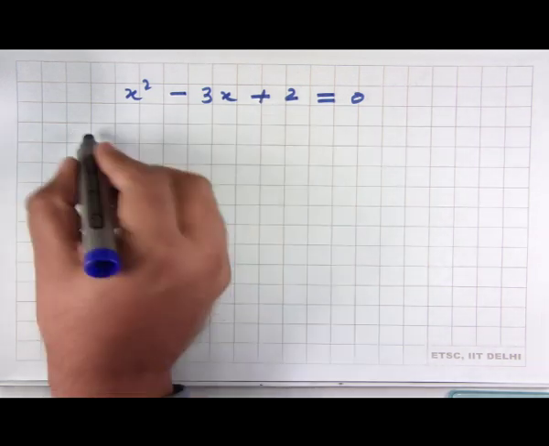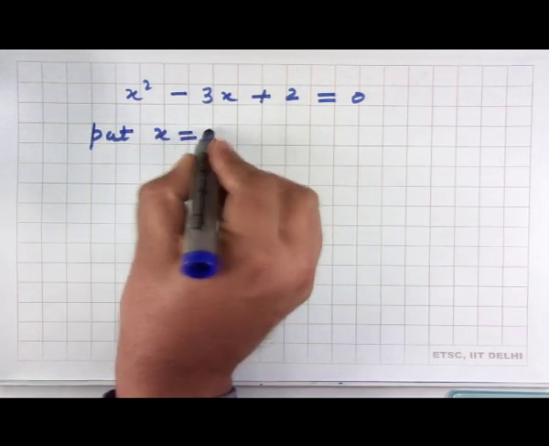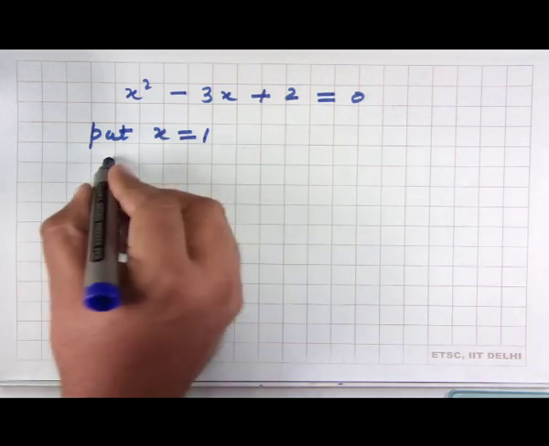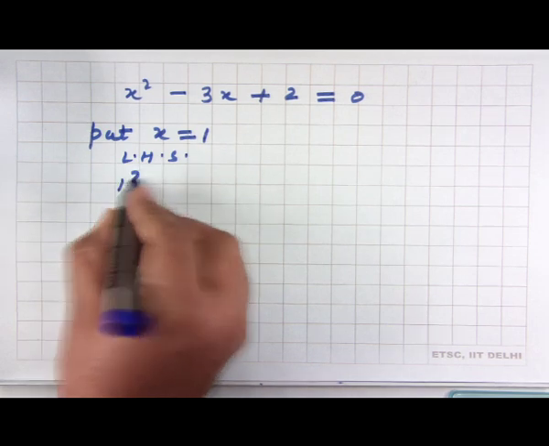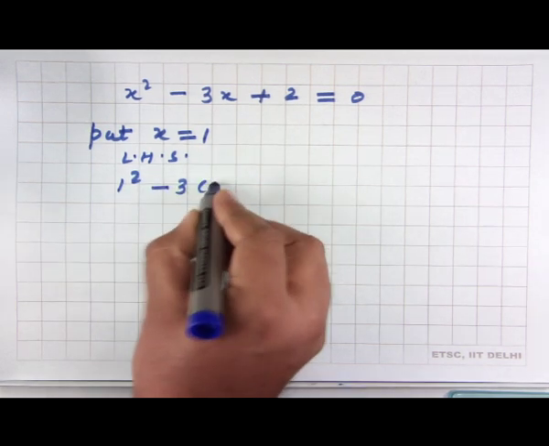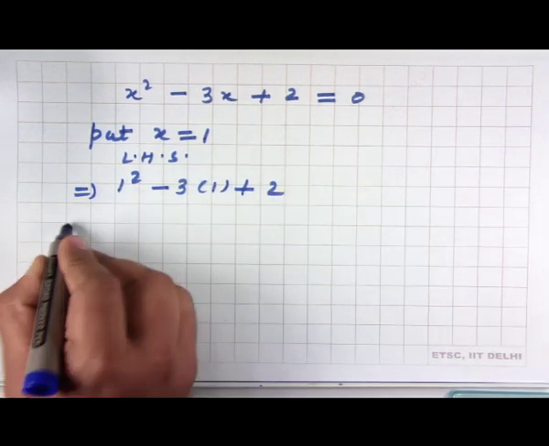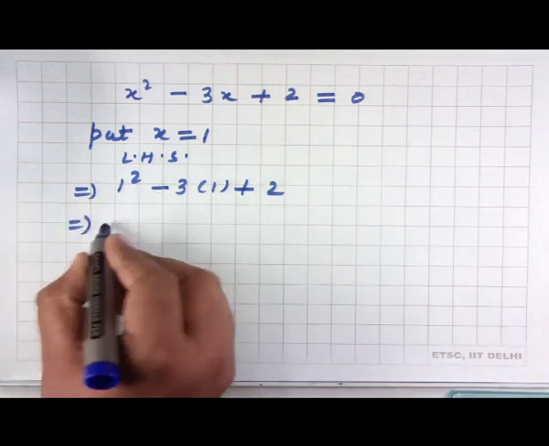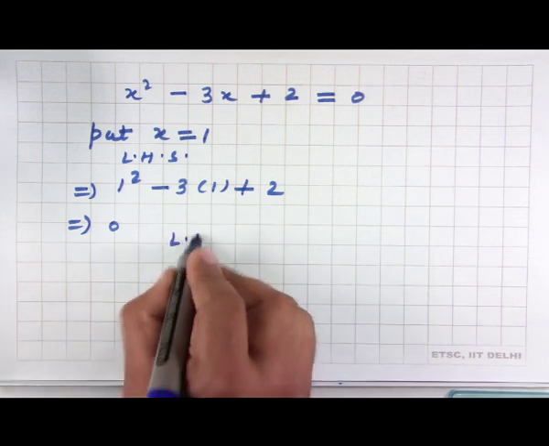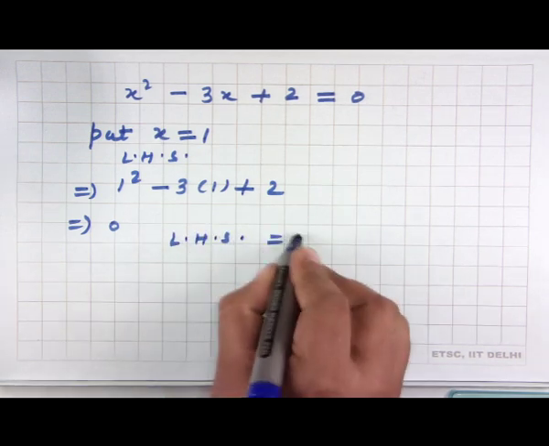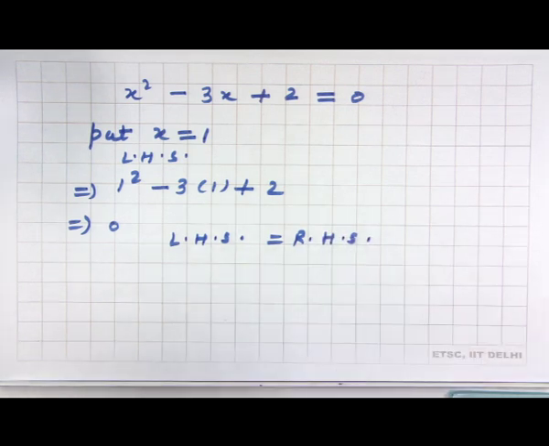If we put x equal to 1 in the LHS, it will be 1 square minus 3 plus 2, which is 0. So LHS is equal to RHS. It means x equal to 1 is a root of the equation.